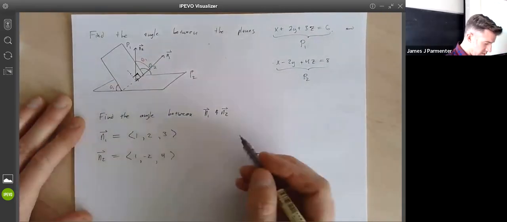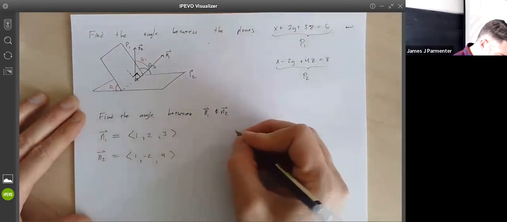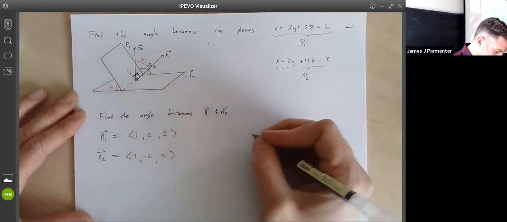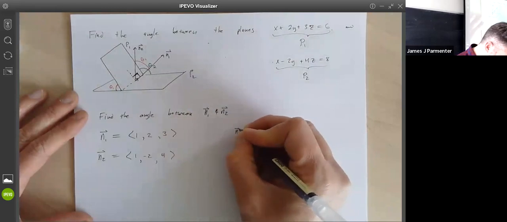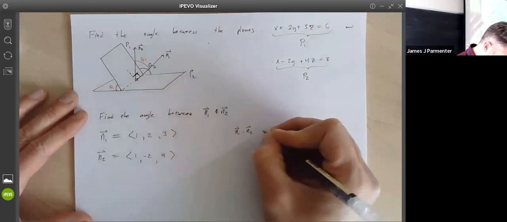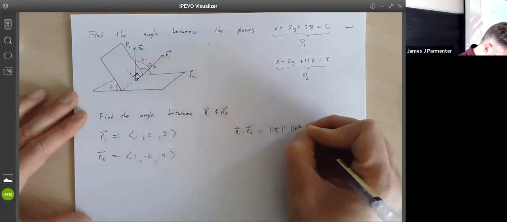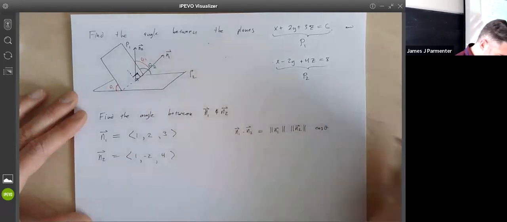So if I want to find the angle between n1 and n2, I know that n1 dotted with n2 is equal to the magnitude of n1 times the magnitude of n2 times the cosine of the angle between them.